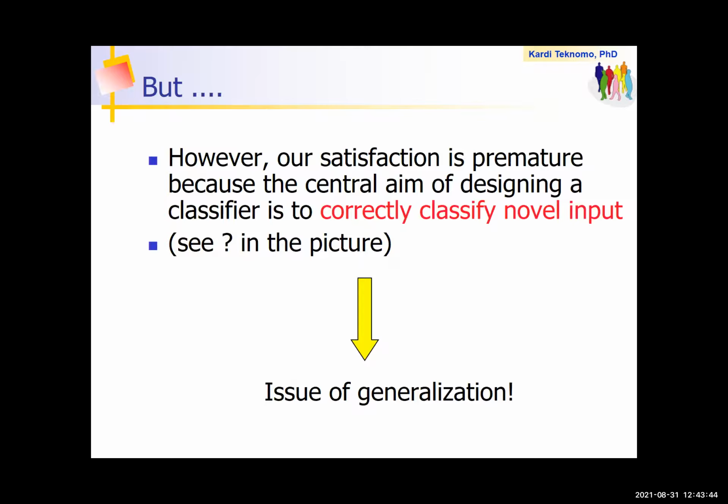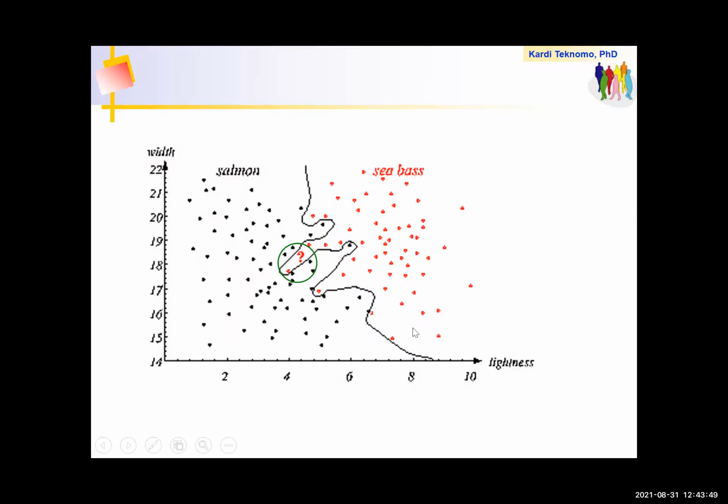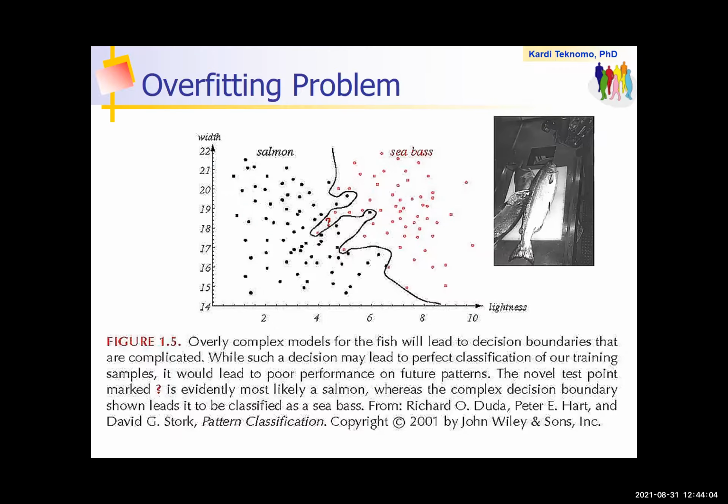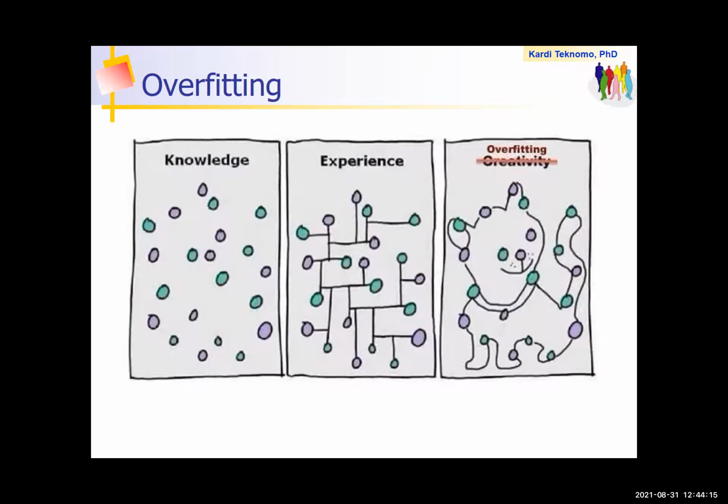So our satisfaction with the new model, which actually overfits here, is premature because we want to classify the novel input correctly. So we want to generalize the system. And this is clearly overfit. We cannot predict correctly based on this model.